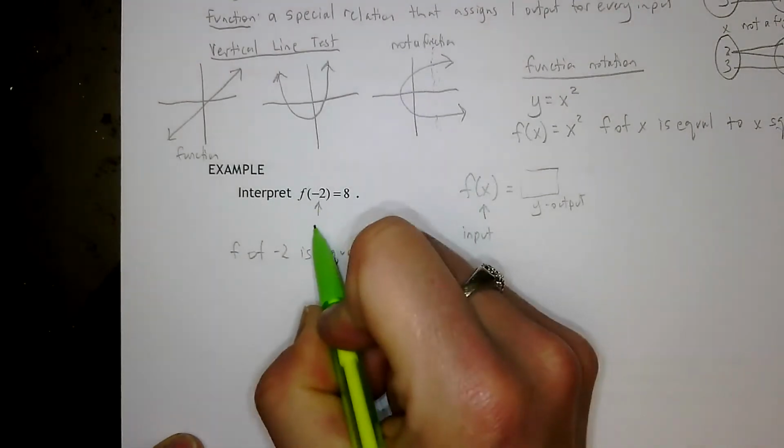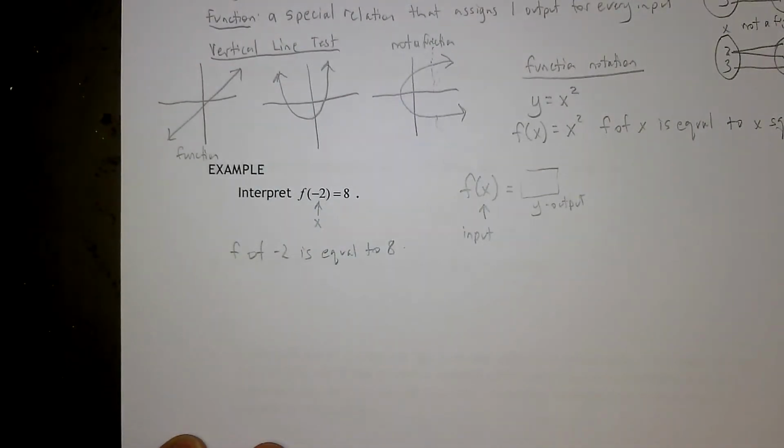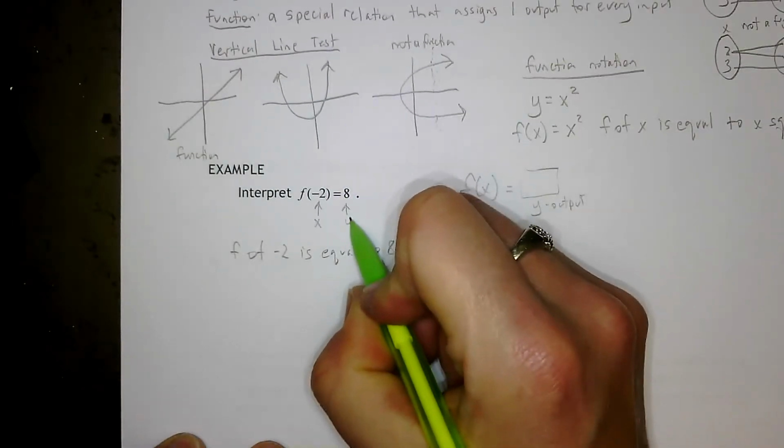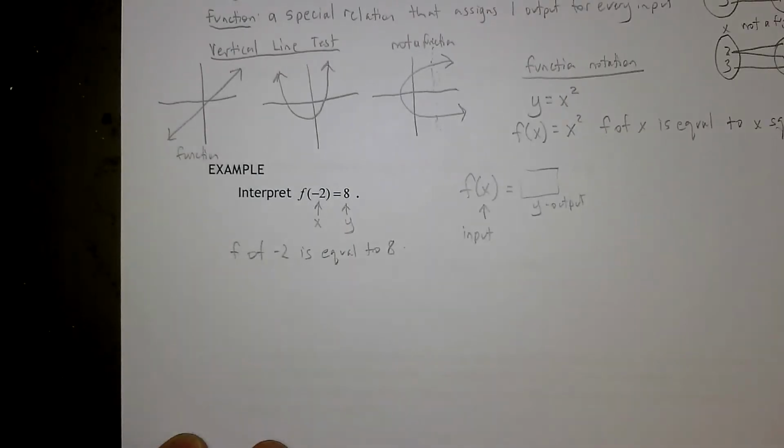Here is my x. It is the input to the function f. When the input is negative 2, the output, or my y, is 8. We can also say that the point negative 2, 8 lies on the graph.